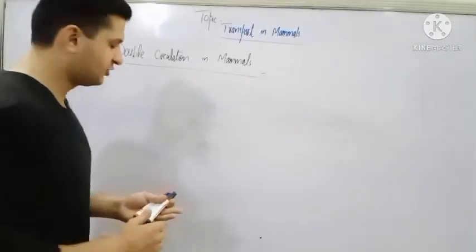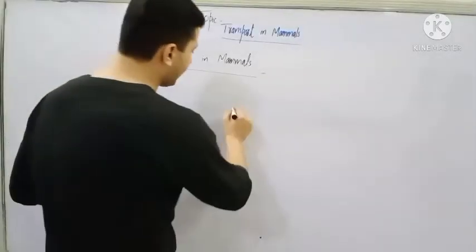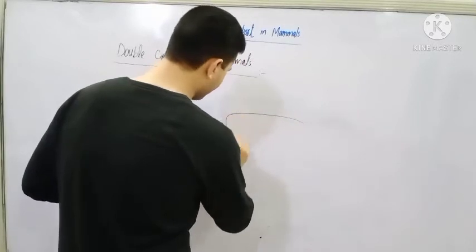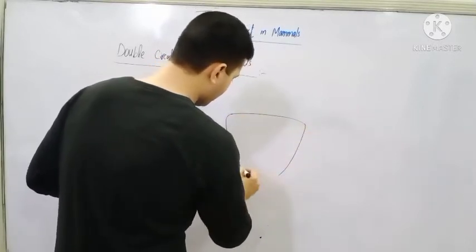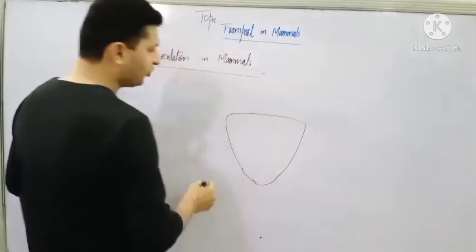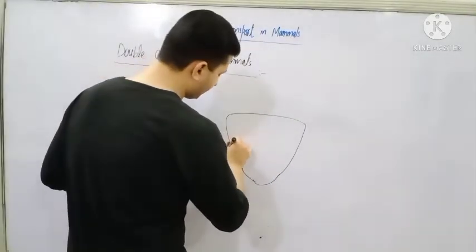If we talk about the double circulation in mammals, then what is that actually? Suppose that this is the very rough structure of the heart, and you know our heart has 4 chambers.